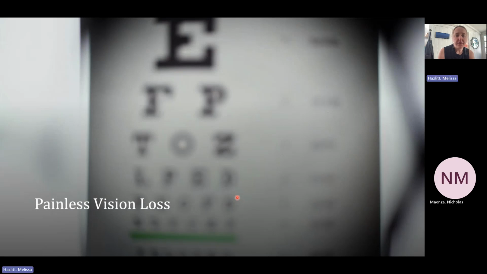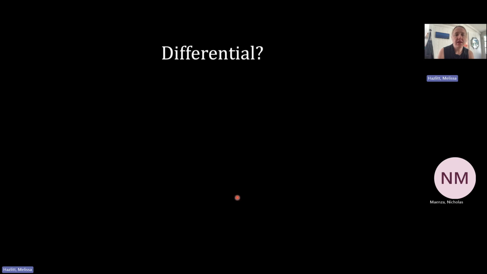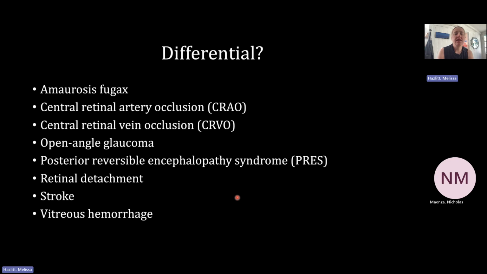The first thing, and probably the most common thing we use this study for, is for painless vision loss, which is a pretty extensive differential. I won't torture you with it, but I think we're using it a lot for retinal and vitreous detachment, but just to keep our minds open to the other causes of your central retinal artery and venous occlusions, your open angle glaucomas, you can have a stroke that's within the distribution of the optic nerve.